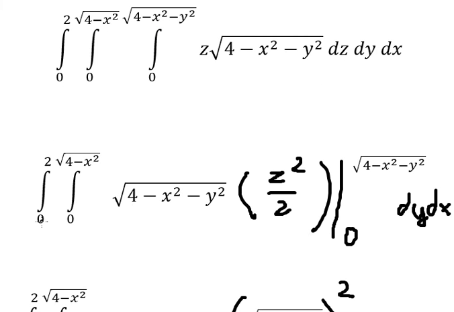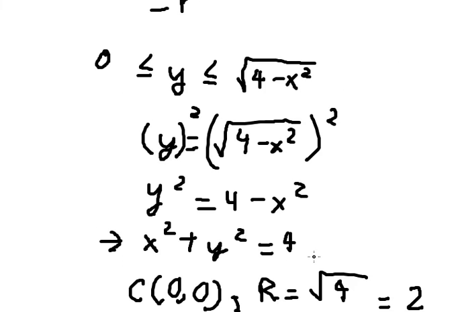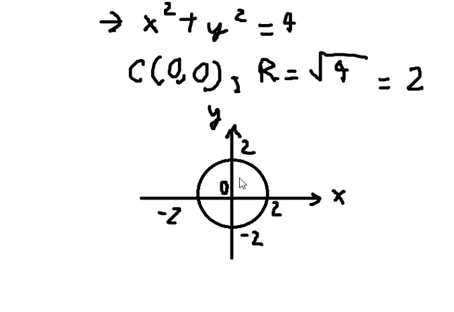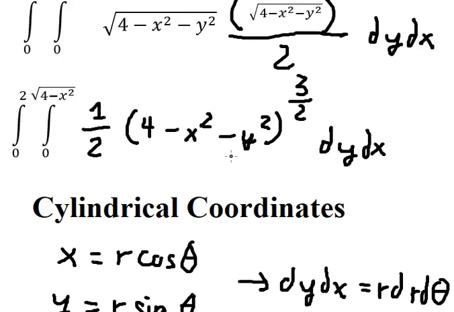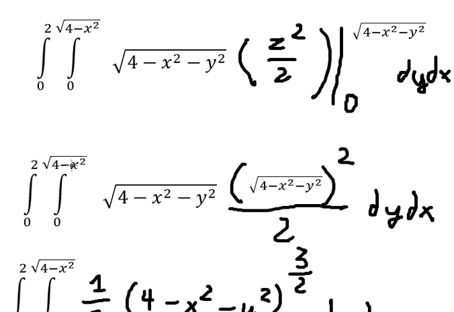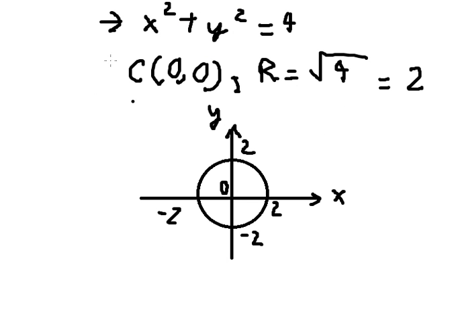Now we look at the bounds, s from 0 to number 2. Here is 0, here is number 2, and we know that y is below the positive square root of 4 minus s squared, and that is this area in here.